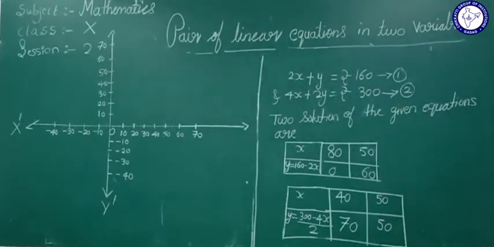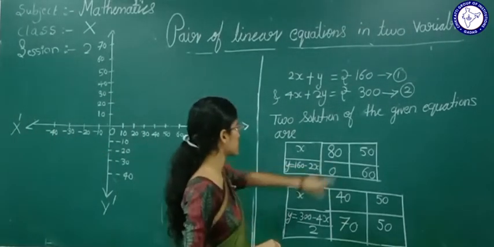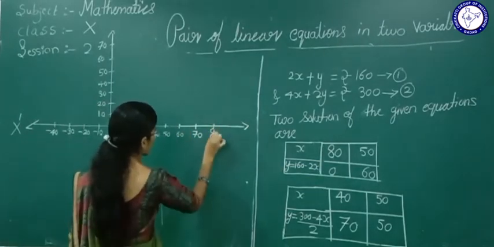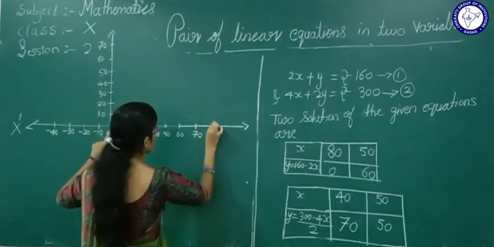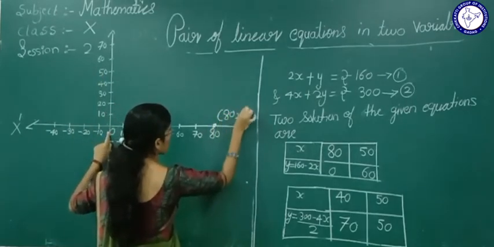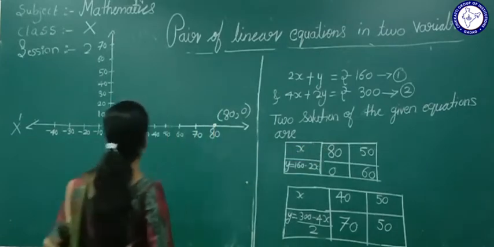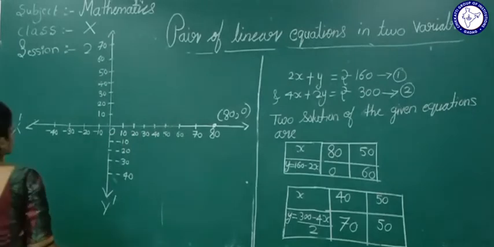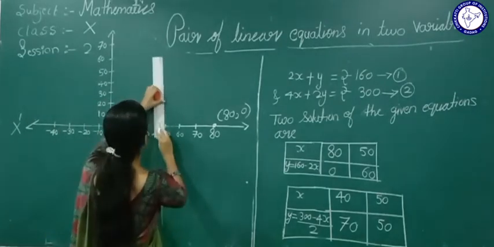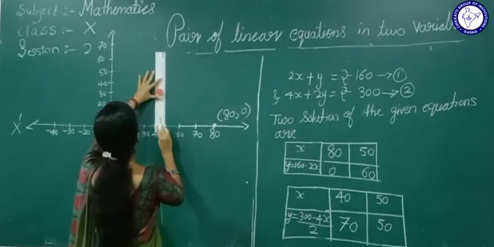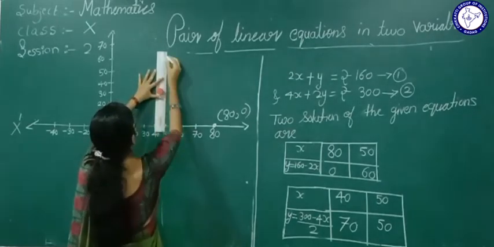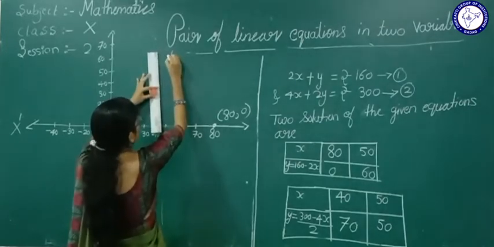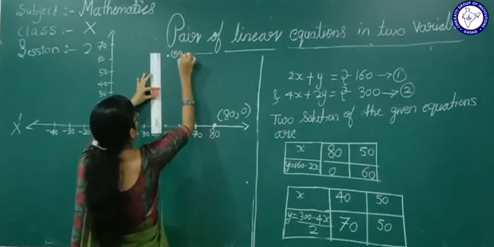Okay, now we will represent it graphically. When x value is 80, y value is 0. That is (80, 0). When x value is 50, the corresponding y value is 60. That is (50, 60).